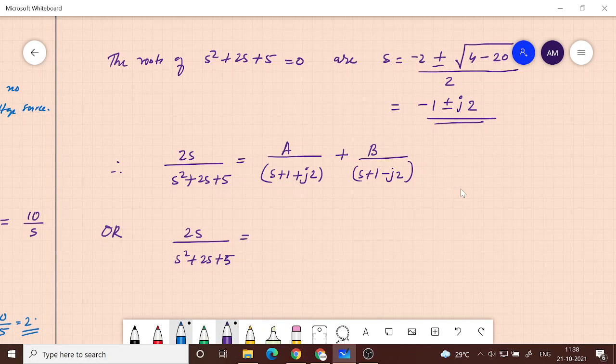Alternatively, what I can do is, I write this as the product of these two terms. If I take, I will get basically x plus 1 square plus 4, or I can say 2 square.